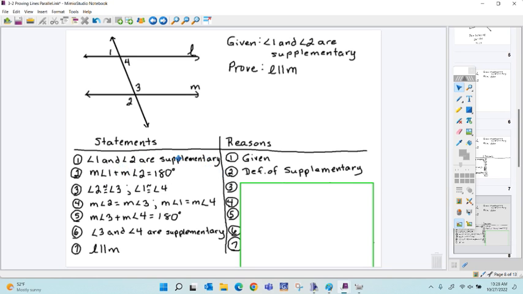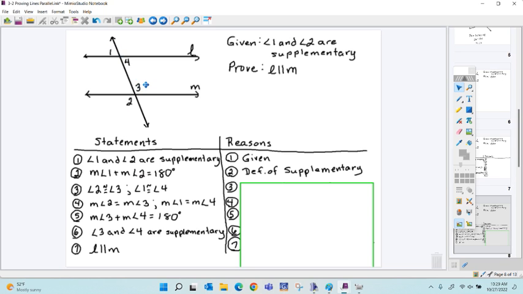So this is what I got from statement 1. Is the next one another definition? Well, we see that on the picture, so we have to look at the picture. So angle 1 is congruent to angle 4, angle 2 is congruent to angle 3.